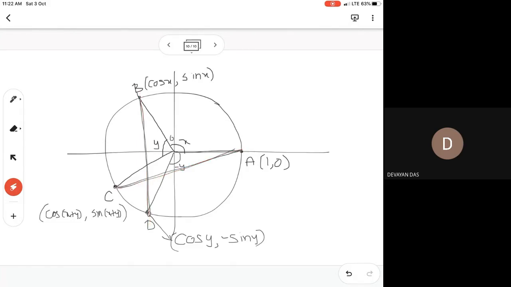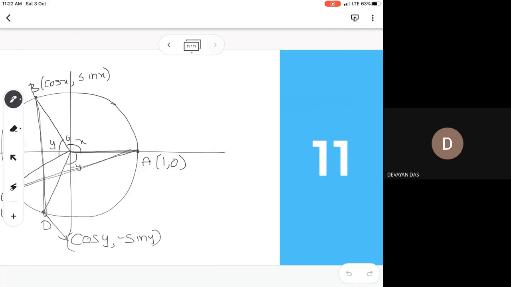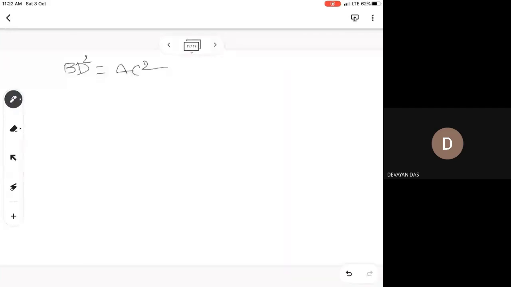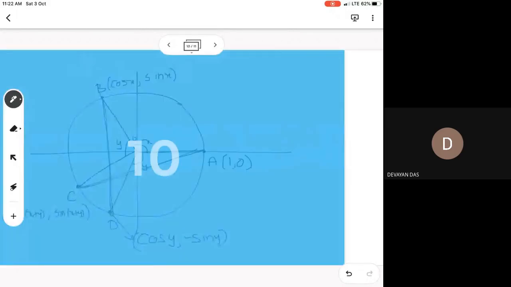So now, BD square is equal to AC square. The distance formula between two points is under root of squares, so as you have a square, the under root will get cancelled. And the BD length, this is cos x, is x2 minus x1.